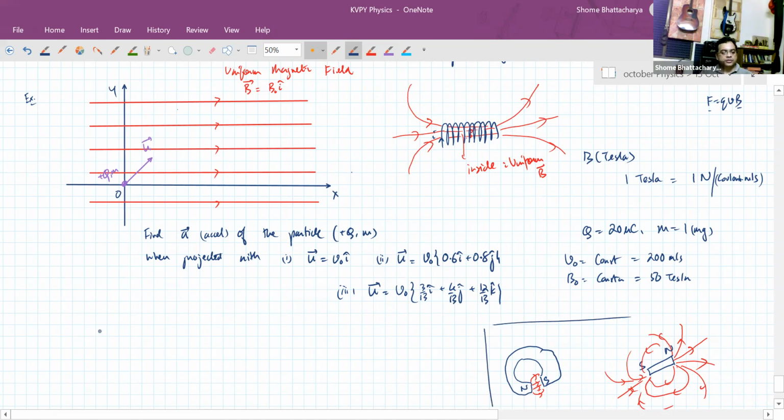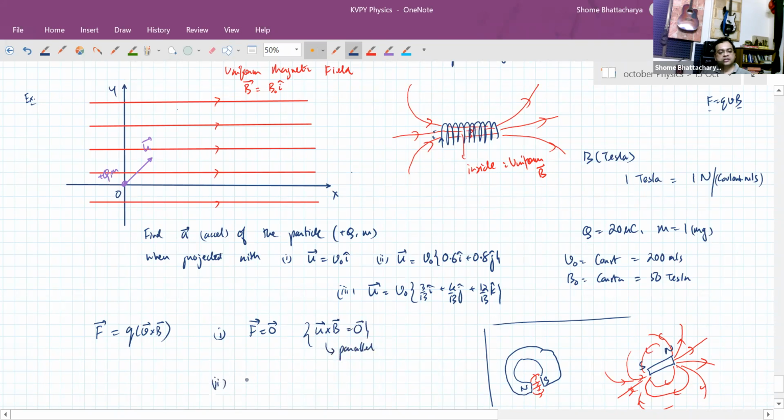Okay, so anyway, coming back to this question, you have to just use this formula Q V cross B. In the first case, you can see that the force will be 0, because V cross B will be 0 because they are collinear, they are parallel vectors.